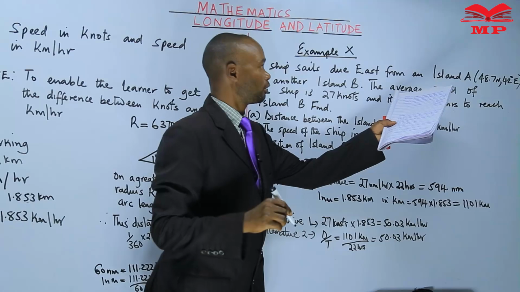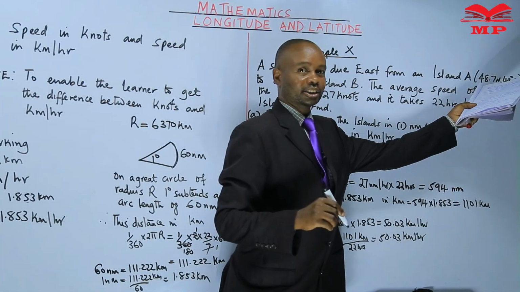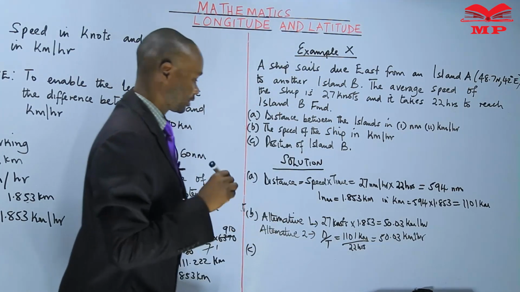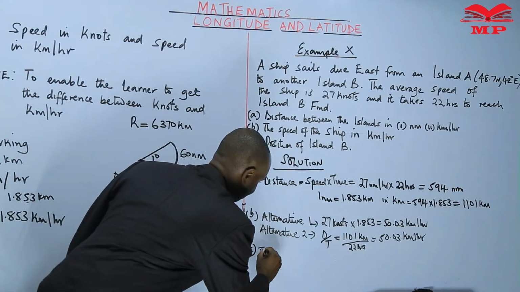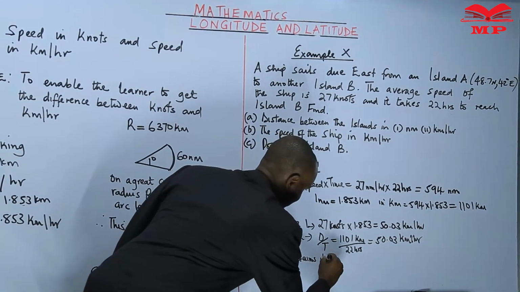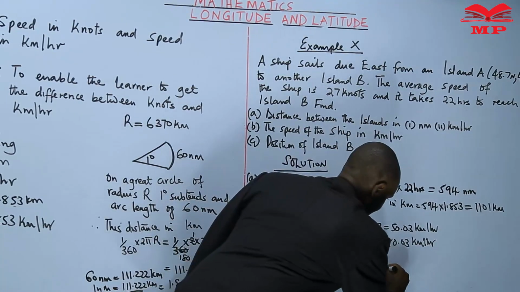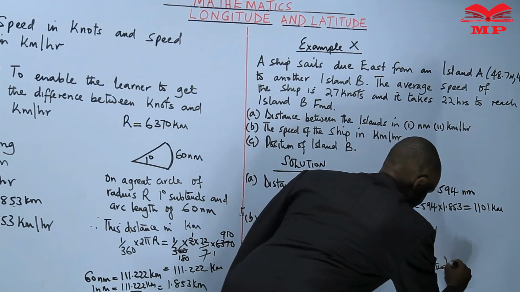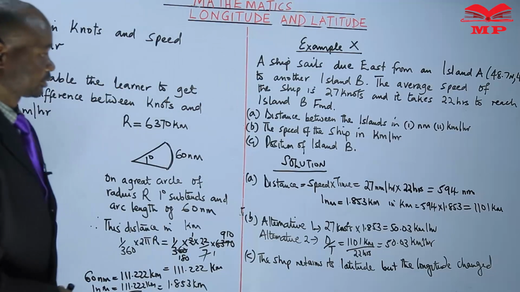Given that the ship moved due east, it still retained its latitude, but the longitude changed.